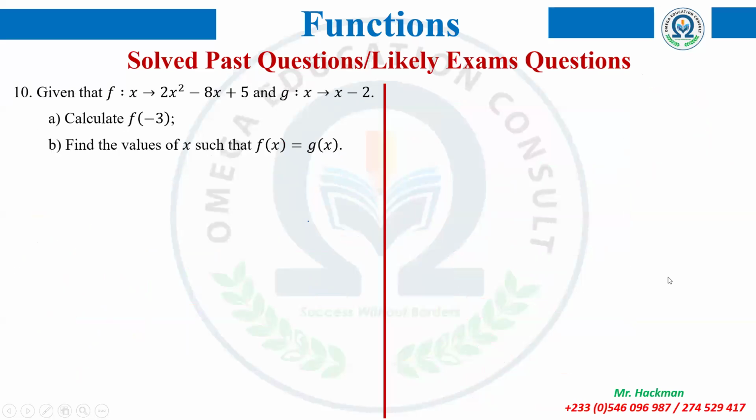Okay, so now question number 10. I think question 10, was it not the one that you were given in class to do? Yes, we've done this before. Okay, it's familiar. That's the more reason why we are going to skip.